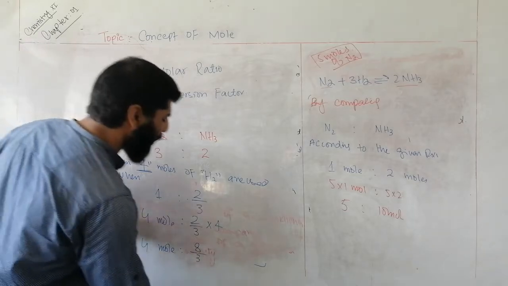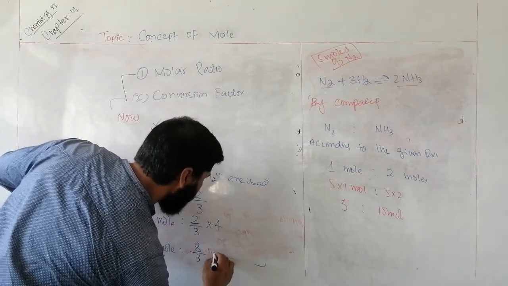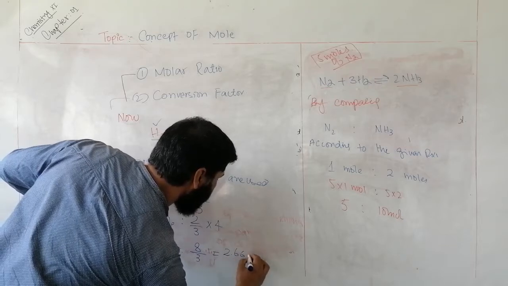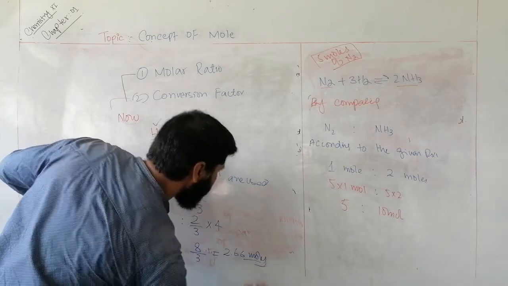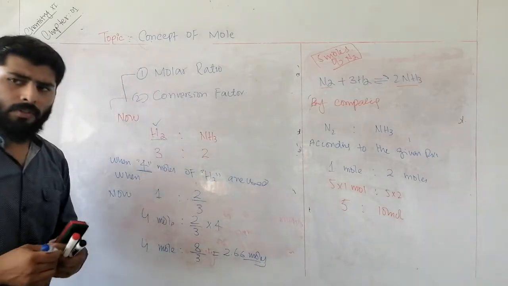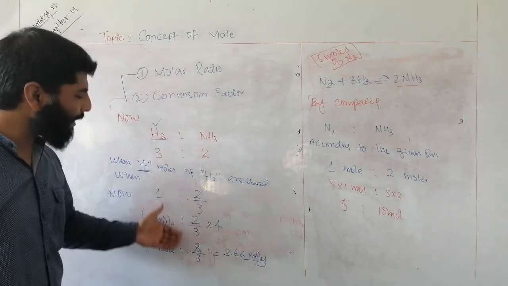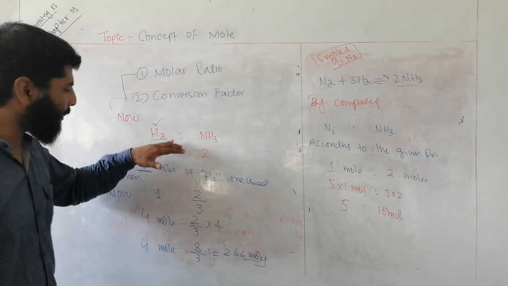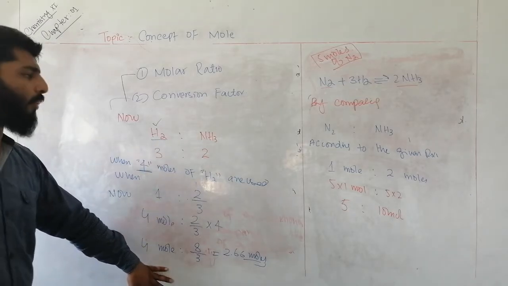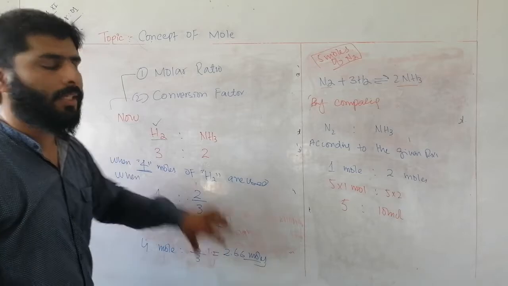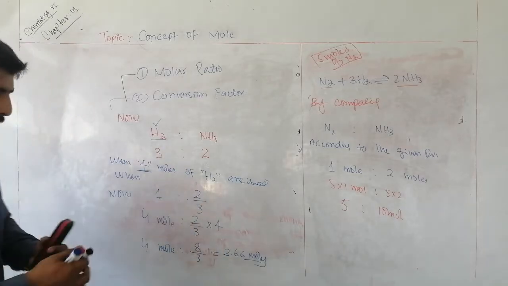You can simplify it: 8 by 3 means 2.66 moles. So you can use these standard quantities in order to find the actual number of moles of the unknown substance. This is what we call the conversion factor.